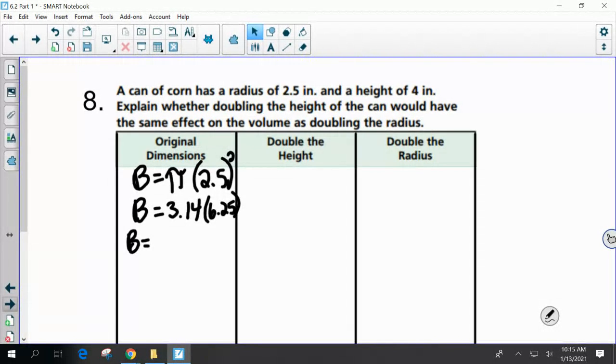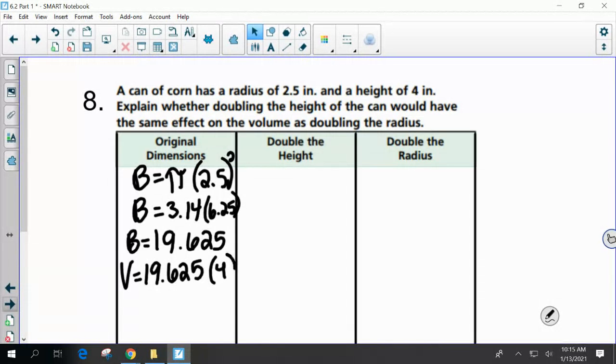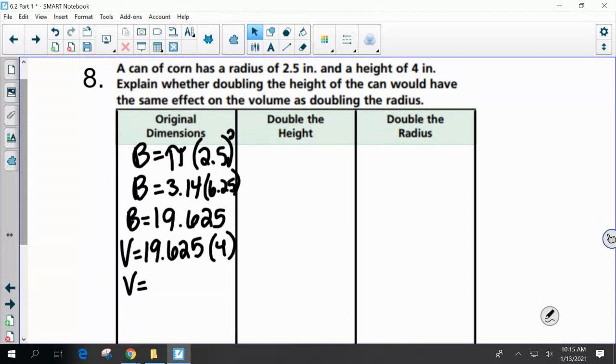So I get 19.625. Anybody else get that? Yeah, I did. Okay, so now I'm gonna take that times what number? 4. Times the height, which is 4. And you get what? 78.5.